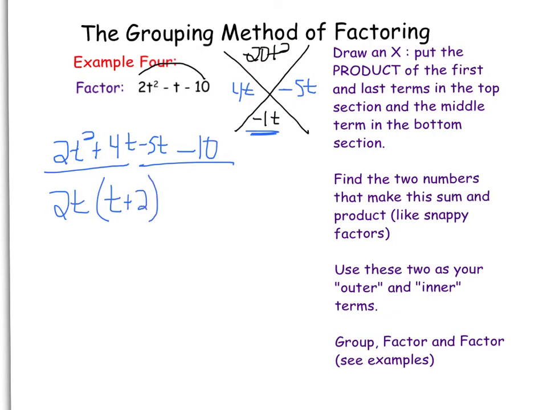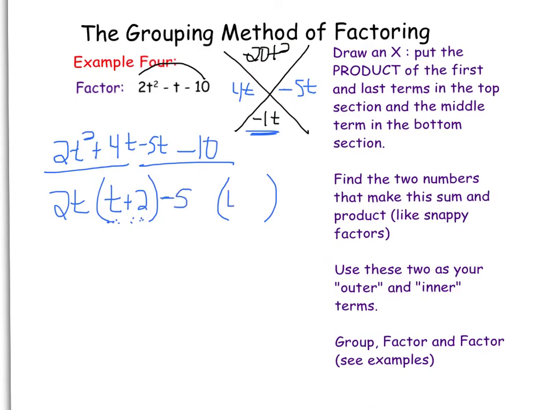All right, and this is the part that I said might be a little tricky. We know after the last three examples what we're really looking for in the parentheses over here is a t plus 2. But if I look, this is a negative. So many times you need to factor out a negative as well. So I am going to factor out a negative 5.